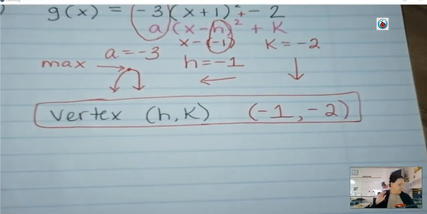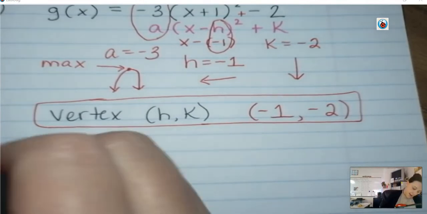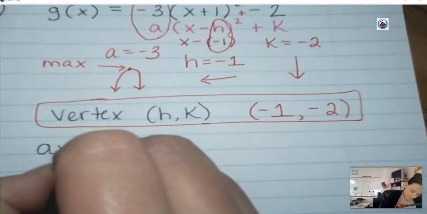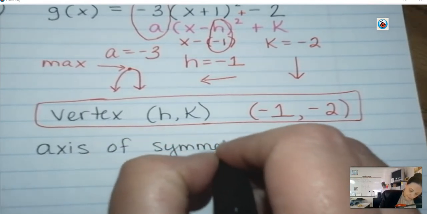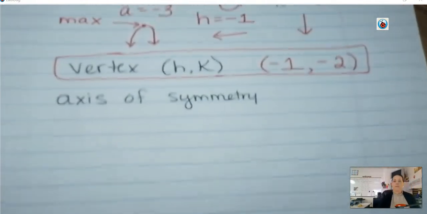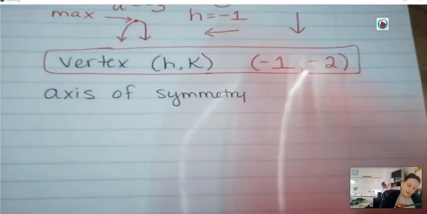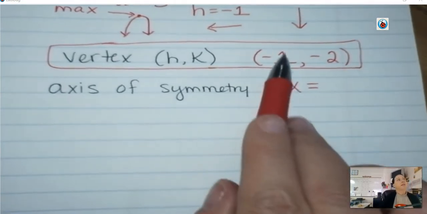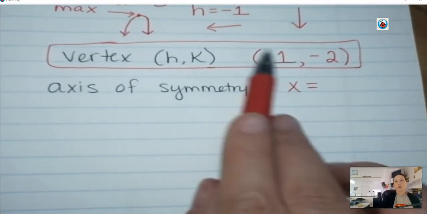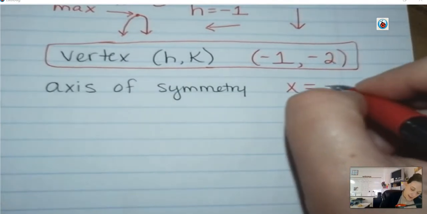It asks me for the vertex. The axis of symmetry. That's going to be x equals whatever the h value is, or whatever the x is from the coordinates of that vertex. So x is -1.